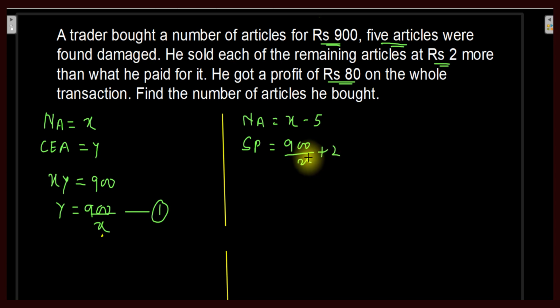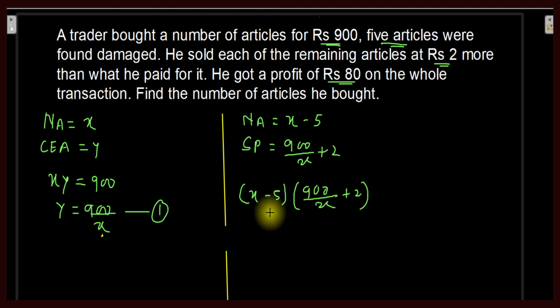So the total amount he got after selling X minus 5 articles will be X minus 5 into another bracket 900 upon X plus 2.